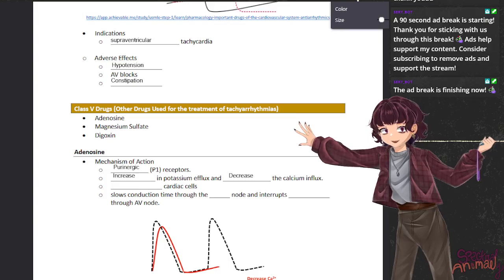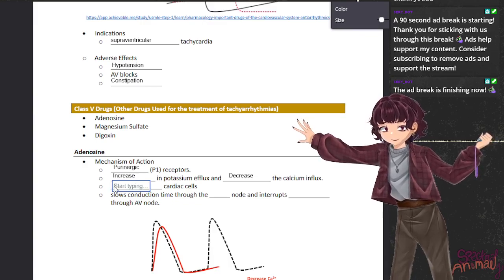It is going to then hyperpolarize the cardiac cells.